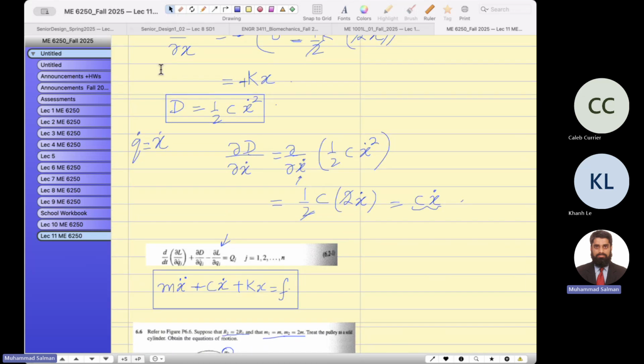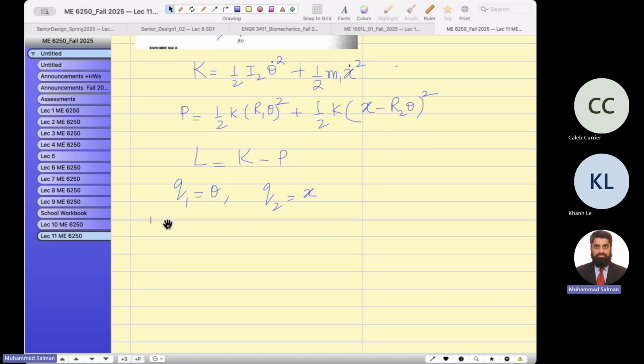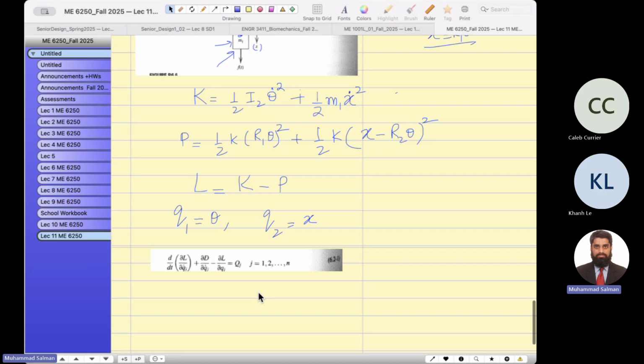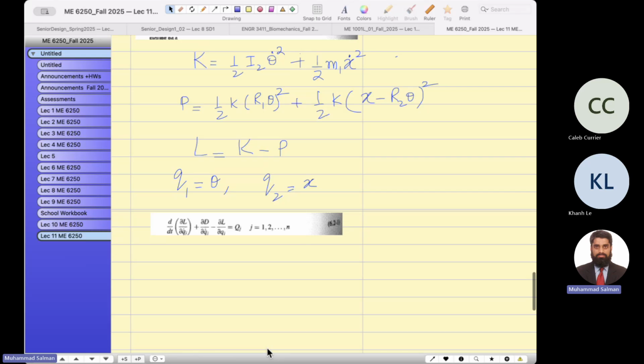So let's focus. We have to use Lagrange's method equation. Can we do the partial derivative of L with respect to x dot, and then the time derivative of that?